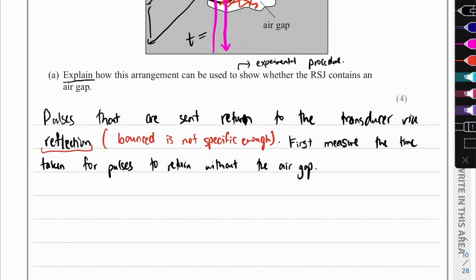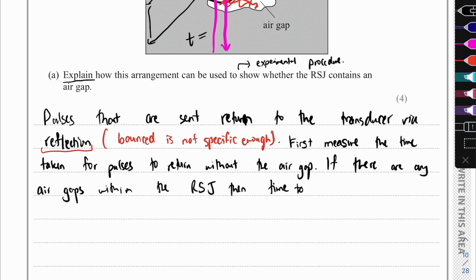So we can say if there are any air gaps within the RSJ, then the time taken will be less than the time taken if there was no air gap.